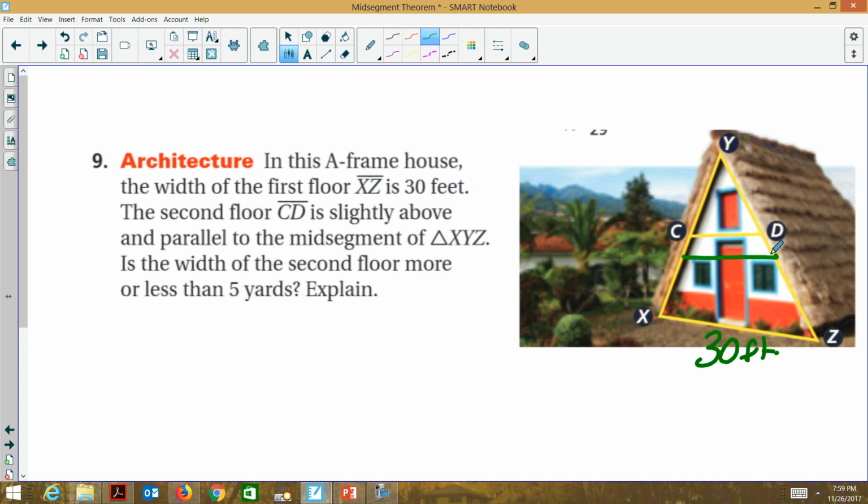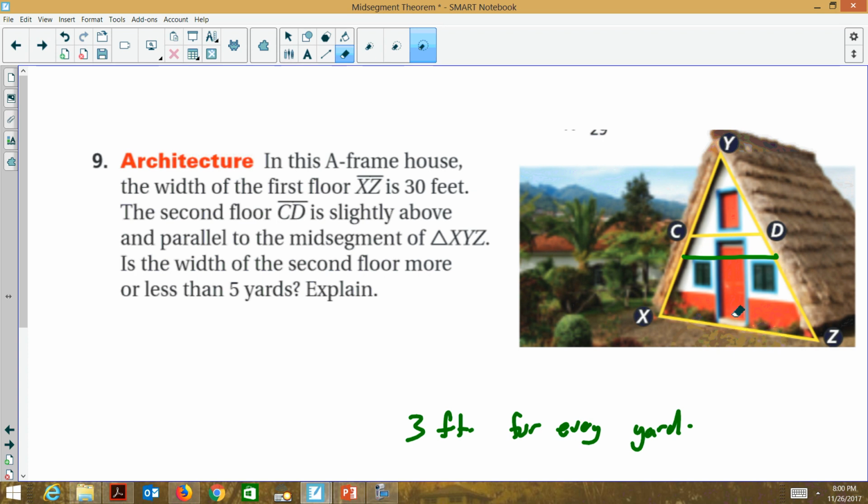Okay, so the first thing is we need to convert 30 feet to yards. So there are 3 feet for every yard. So the bottom floor is actually 10 yards. Secondly, we need to now figure out exactly what the mid-segment of this triangle would be.